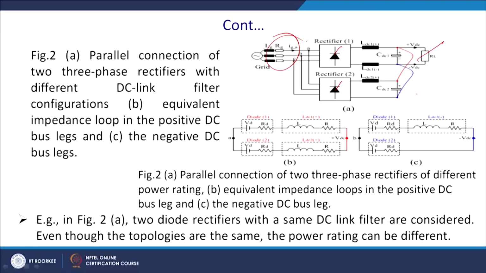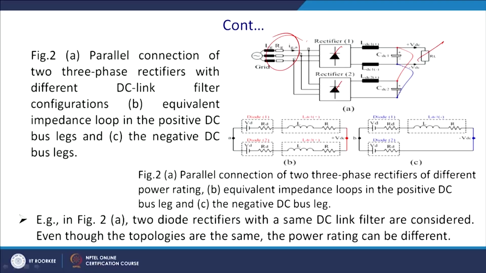Due to this loading and due to a little mismatch in the capacitor values, if you connect these two points, there will be different voltages across them, and thus there will be a circulating current between these two points A and B.